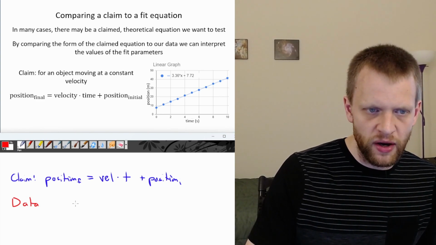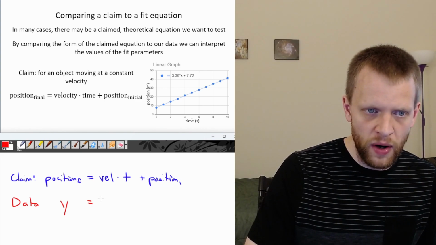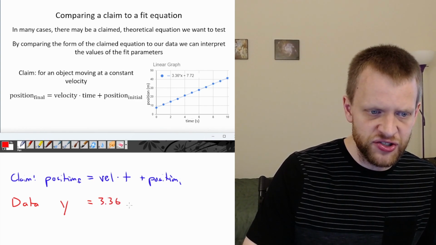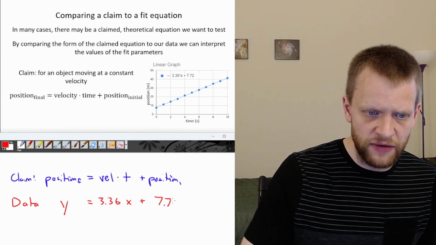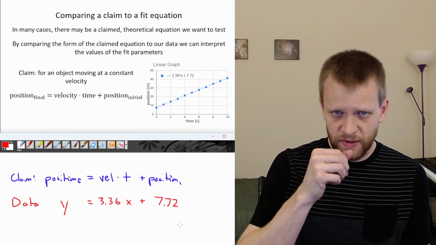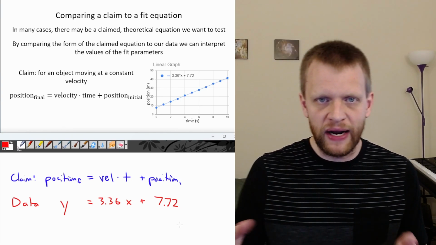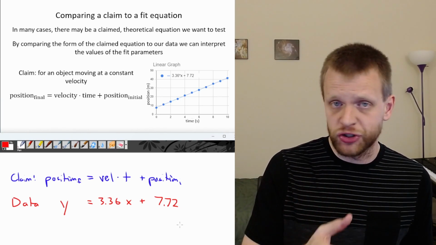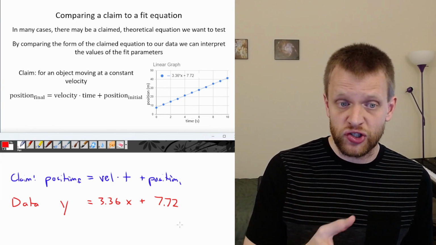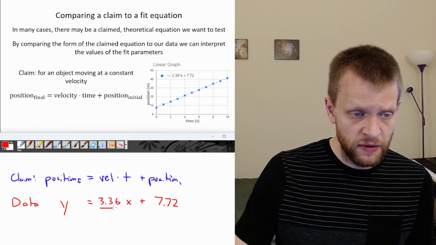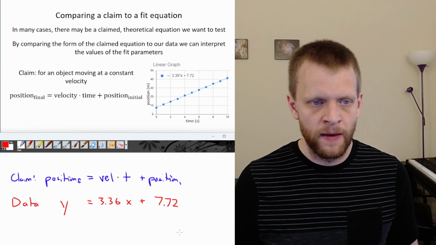So the data that we got, we had a best fit equation of y equals 3.36 times x plus 7.72. Again, the 3.36 and the 7.72, when we graphed our data and put this into Google Sheets or whatever program you're using, this is the slope and the y-intercept that we got for this.